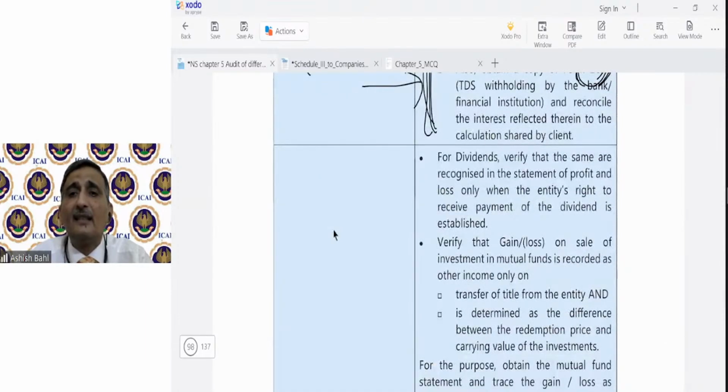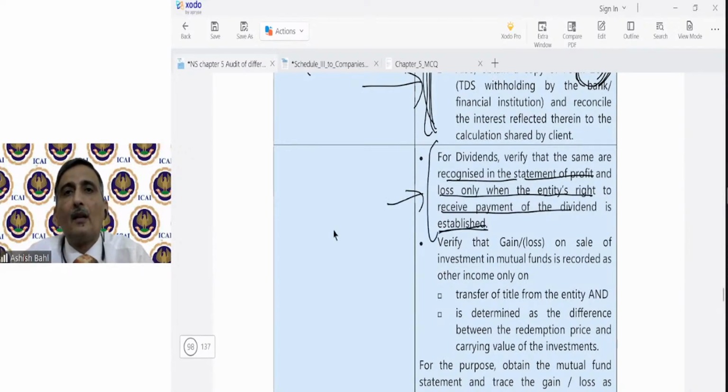Similarly, for dividends, verify that the same are recognized in the statement of profit and loss only when the right to receive payment of dividend is established. That is, when it is certain that the company would be receiving dividends, not only on the basis of guesswork or conjectures. Like there may be press reports that the company is going to declare dividend on its shares.